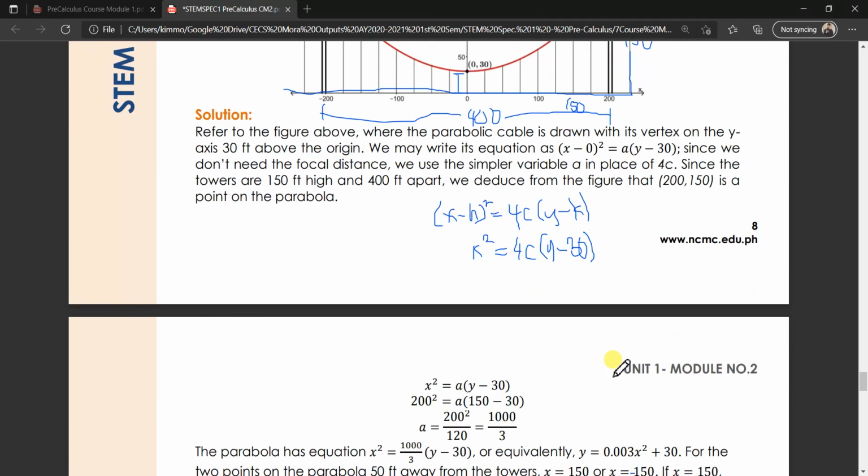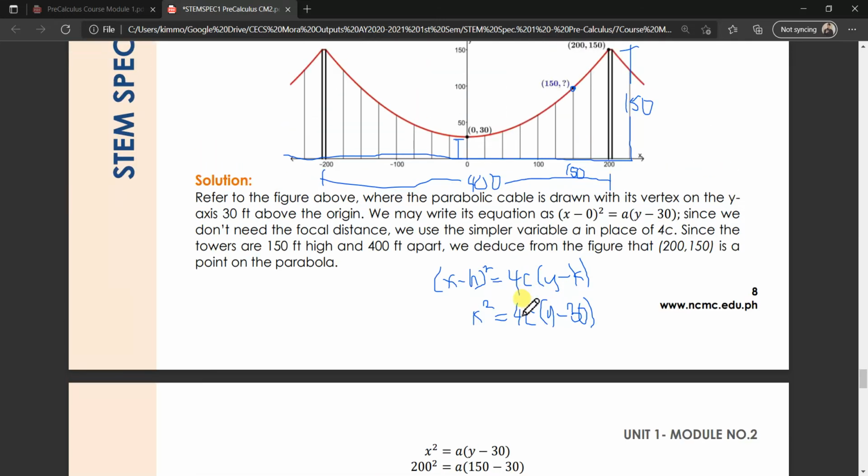So next is, we are going to assume, since si 4c, di ba si 4c, this is the distance sa ato ang, or si c, this is the distance of our vertex going to our focus or sa atong directrix. Since wala man nato siya gipangita, since this is not an important nga variable sa atong equation, then we are going to let 4c be equal to a.